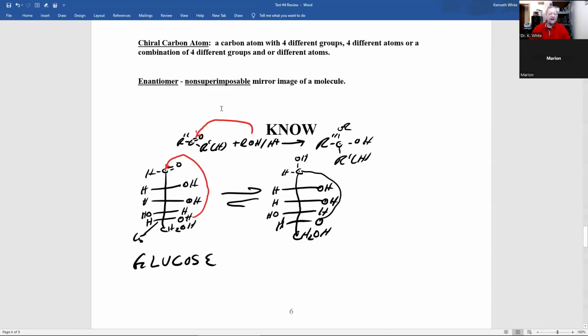Now, next I talked about enantiomers. Enantiomers are non-superimposable mirror images of a molecule. And about this time, I also talked about Fischer projections and about Emil Fischer, one of the great German organic chemists.